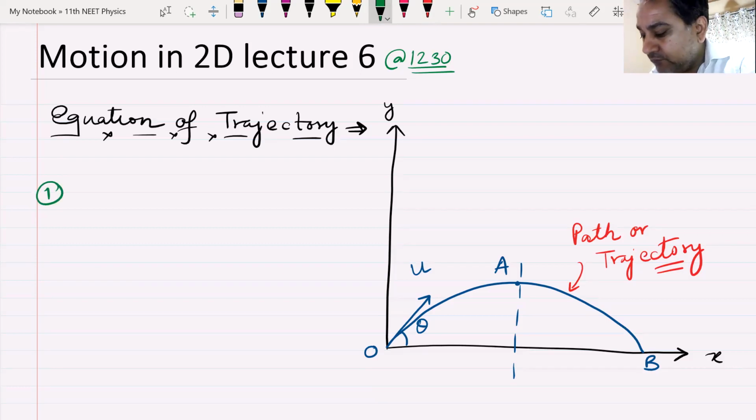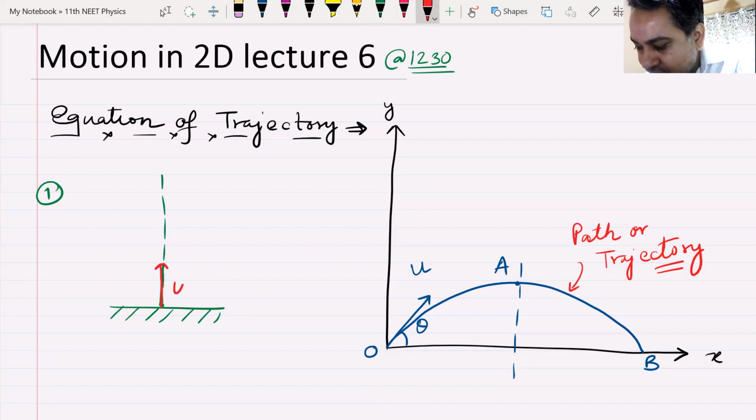Example number 1. This is ground. I hope you can see this. And I throw something vertically up with a velocity u.